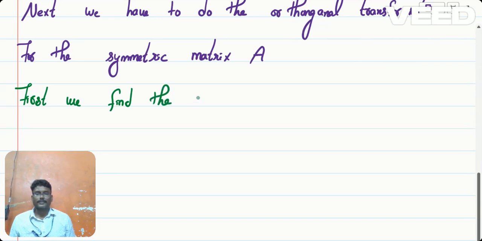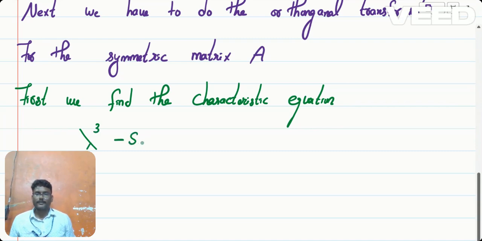The characteristic equation is lambda cube minus s1 lambda square plus s2 lambda minus s3 is equal to 0.